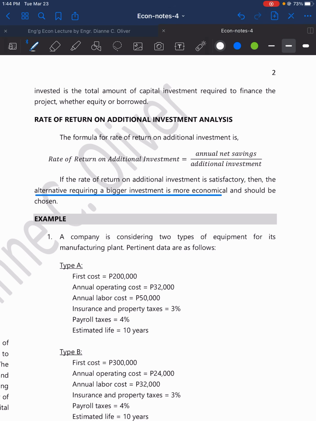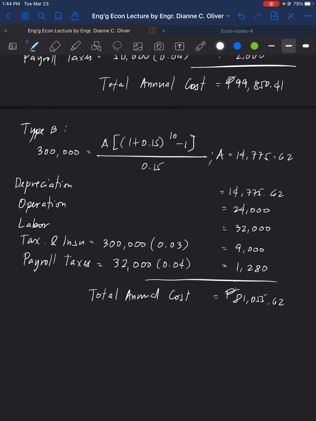Then from the definition, we have the annual net savings.